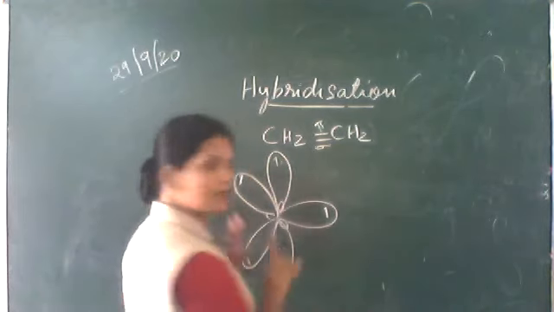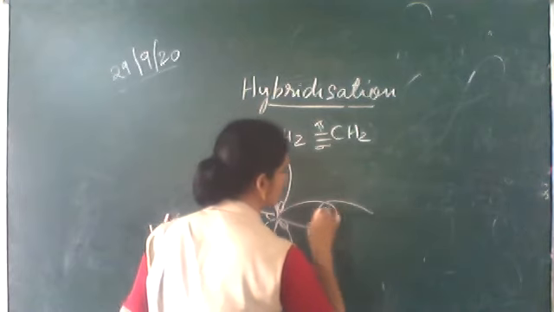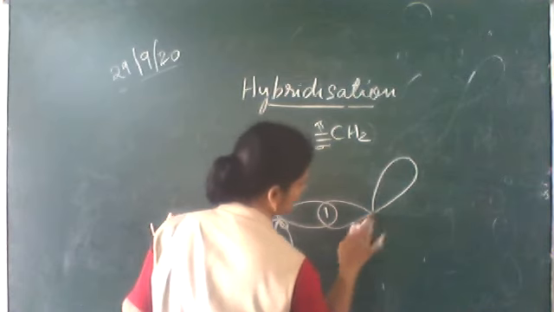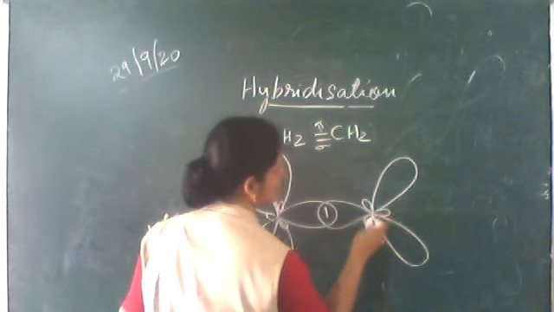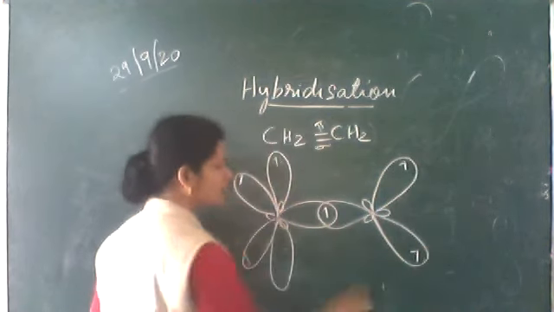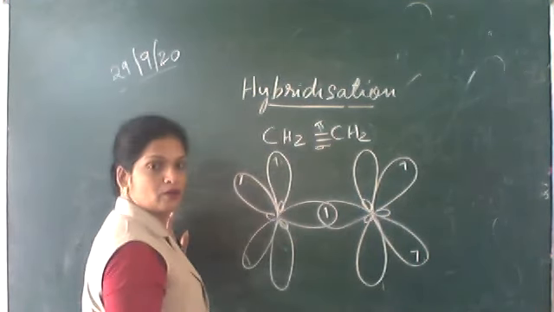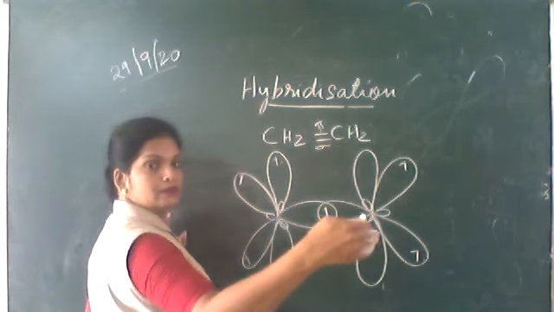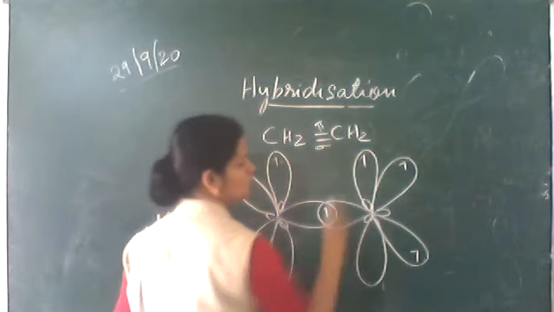Similarly, the second carbon is also in the same situation, and I'm showing it after overlapping. With one electron, here also there is a pure pz orbital of equal lobes. This lobe is perpendicular and this lobe is perpendicular, behind the board, with one electron.